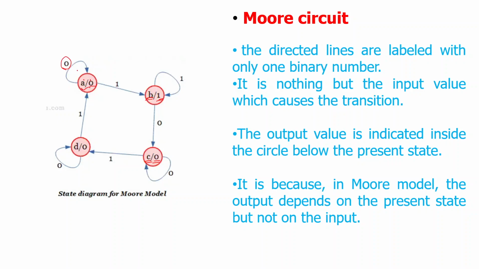The input decides whether it will stay in the same state or go to the next state, but it won't decide the output. The output depends only upon the present state in a Moore circuit. So I hope you understood what a state diagram, state table, state equation, Moore model and Mealy model are, along with present state, next state and output. So thank you.